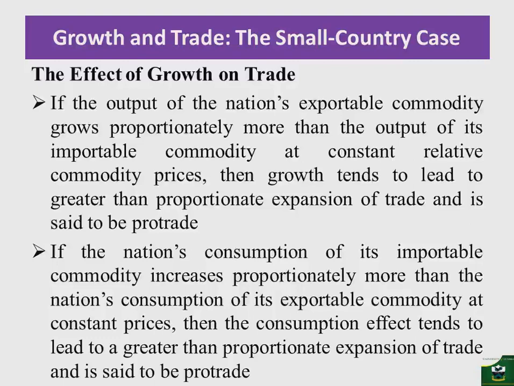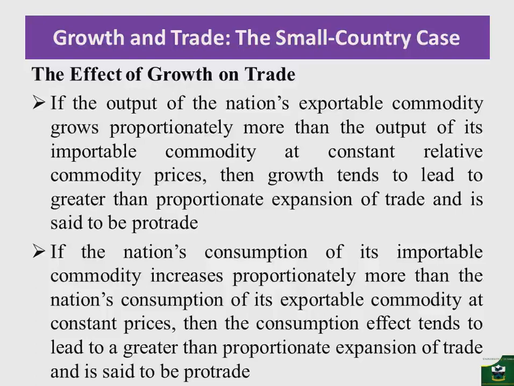Now, what we notice here is that if the consumption of the nation's importable commodity has increased, it means that the nation will be importing more. And if the consumption of the exportable commodity has reduced or has grown, but by less than proportionately compared to that of the importable commodity, it means that the nation will be exporting more because less of it is consumed.